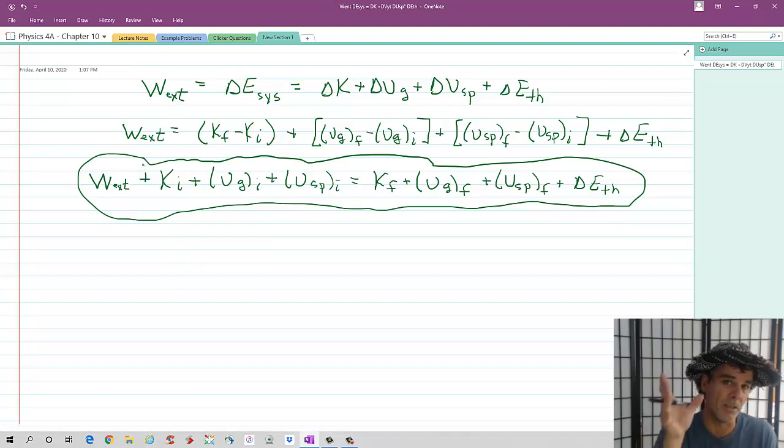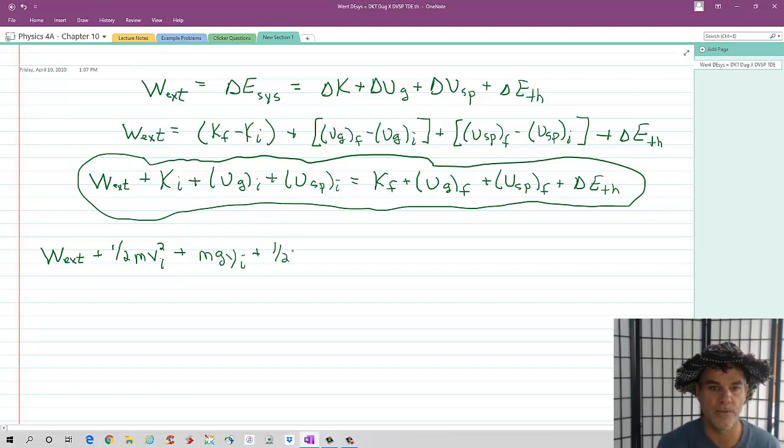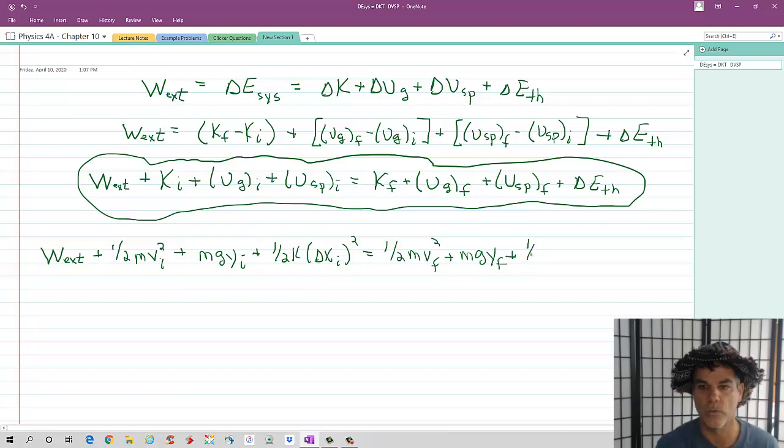And if I want to be completely clear in terms of the equations, I can write this out as the work done by external forces, and these are all forces outside the system doing work on the system, plus 1/2 m v initial squared, my initial kinetic energy, plus m g y initial, my initial gravitational potential energy, plus 1/2 k times delta x initial squared equals 1/2 m v final squared plus m g y final plus 1/2 k times delta x final squared plus my change in thermal energy.